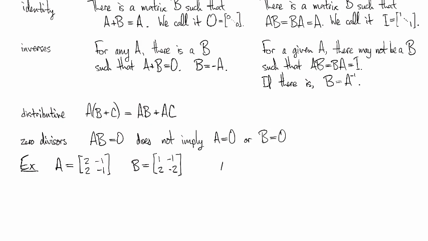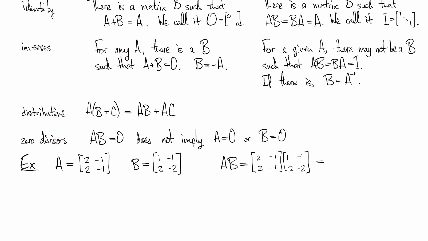Then if we do A times B, what do we have? Multiplying these together, we're going to have this row dotted with this column, so we have 2 minus 2.